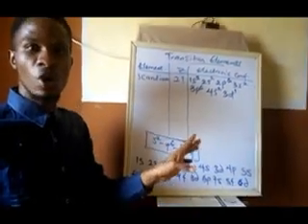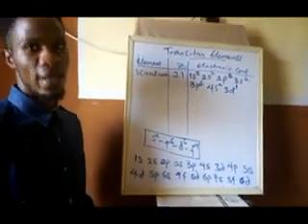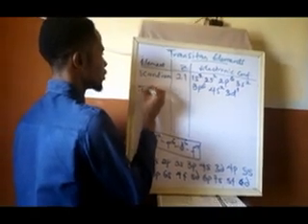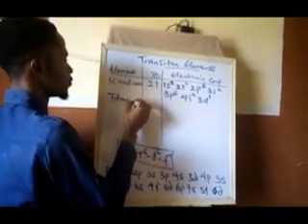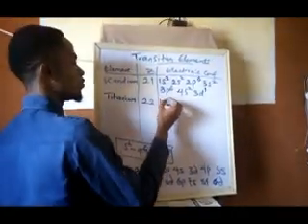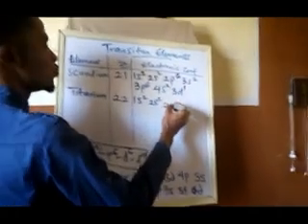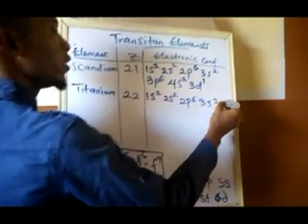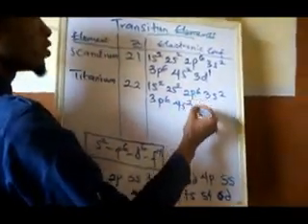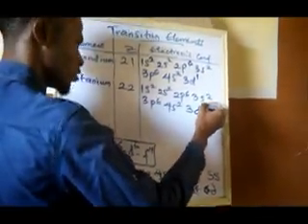That is, the d orbital is only having 1 out of 10 electrons. Same thing you do for titanium. Titanium being 22, we have 1s2, 2s2, 2p6, 3s2, 3p6, 4s2, then here we have 2 left. We have it as 3d2.